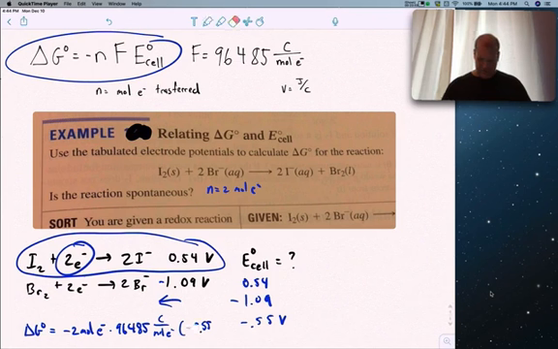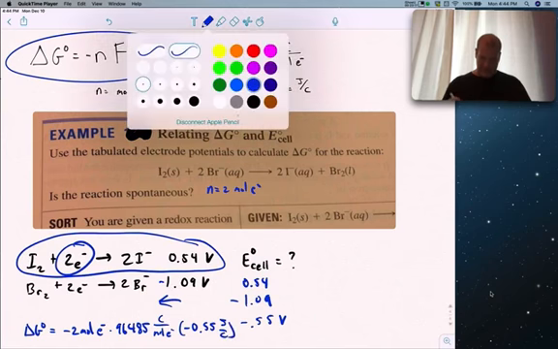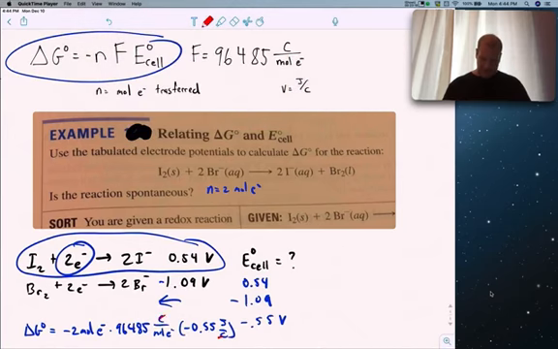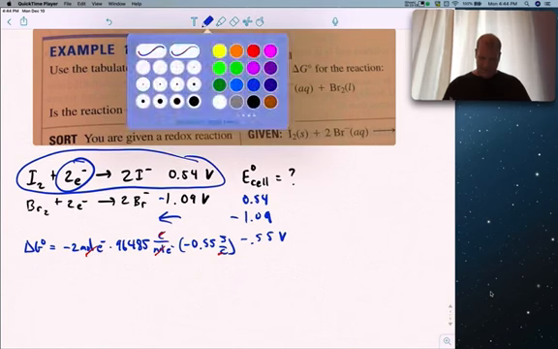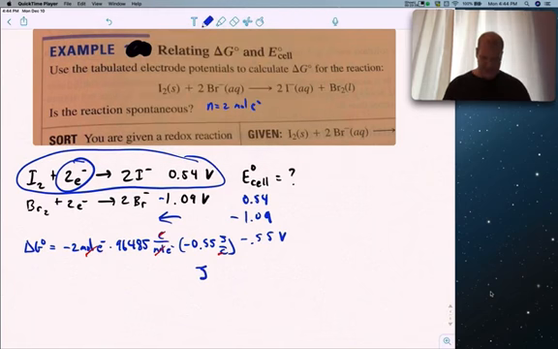That's ugly, let me rewrite that for you. Minus 0.55. A volt is a joule per coulomb. So the coulombs cancel. Let me do the units. The coulombs cancel, the moles electrons cancel, and we're left with unit-wise joules.